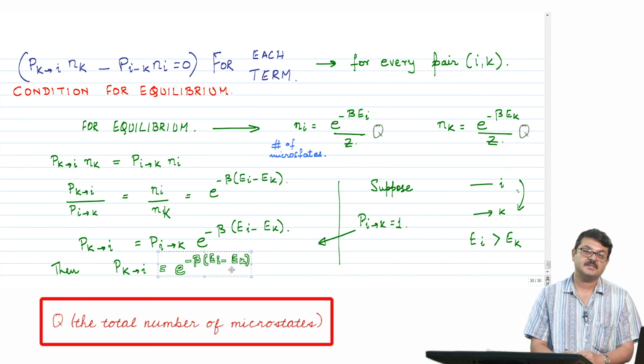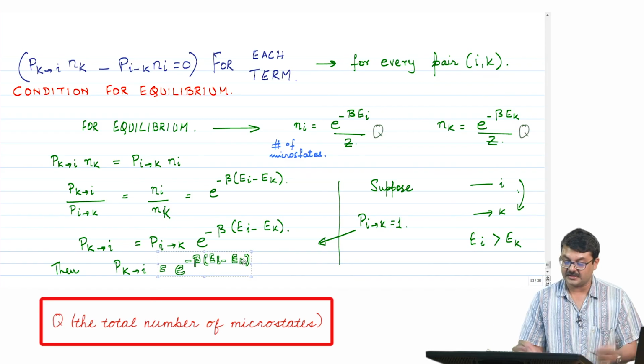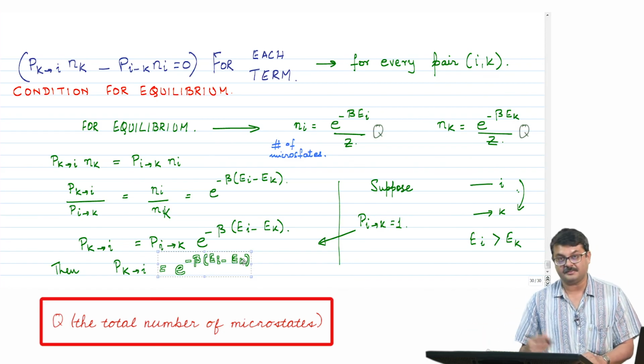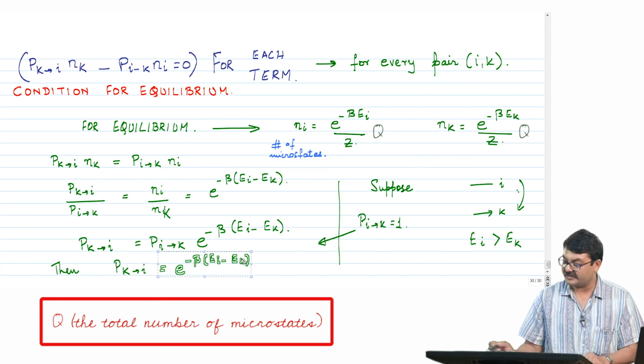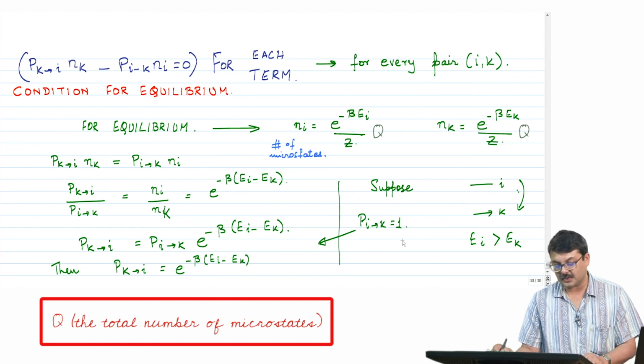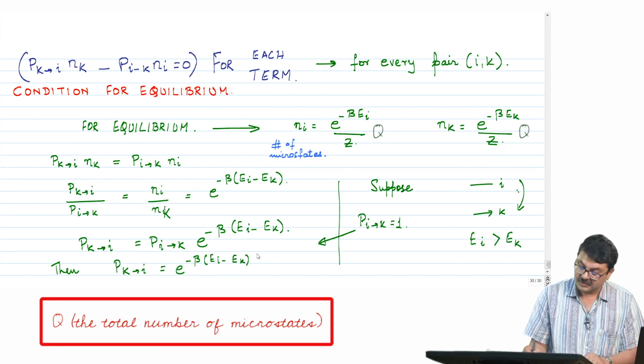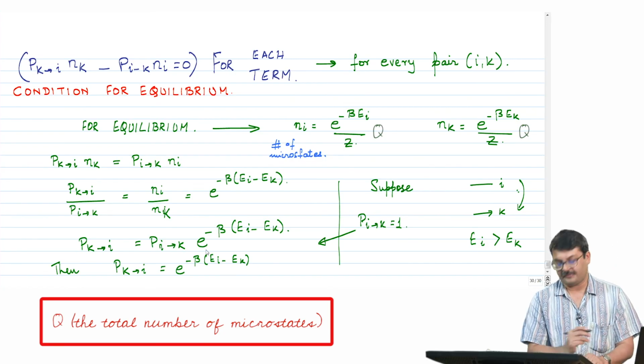This relation holds for every pair of i's and k's. So even if it was i plus 1 and k, you can again choose P_(i+1)k to be 1, and then the probability of P_k(i+1) would suitably be affected.